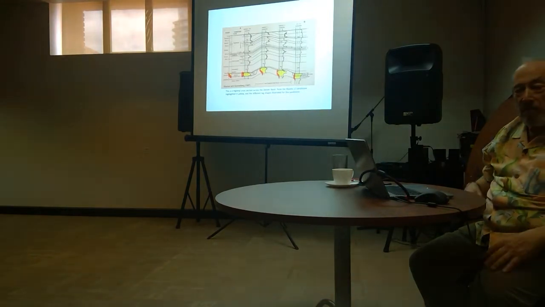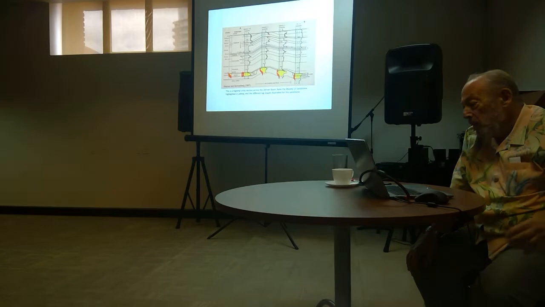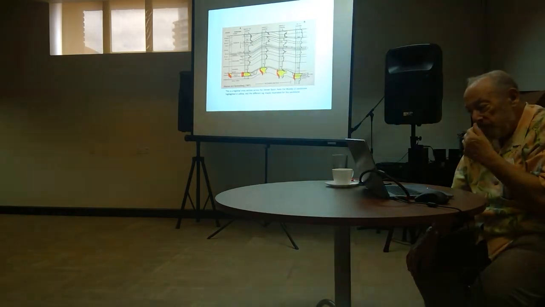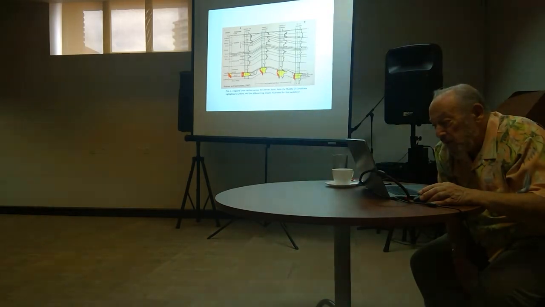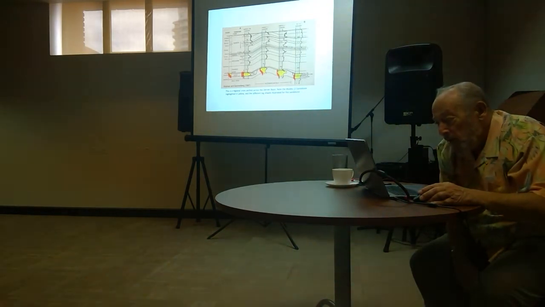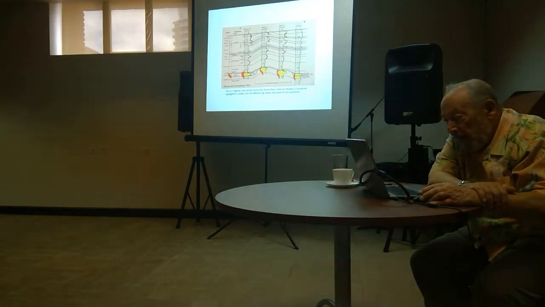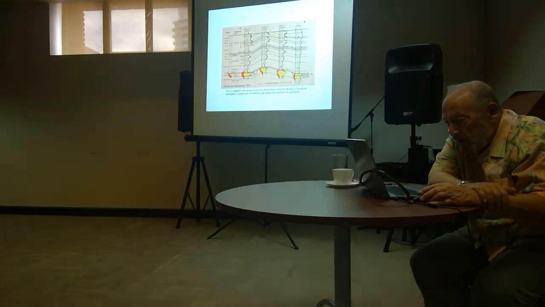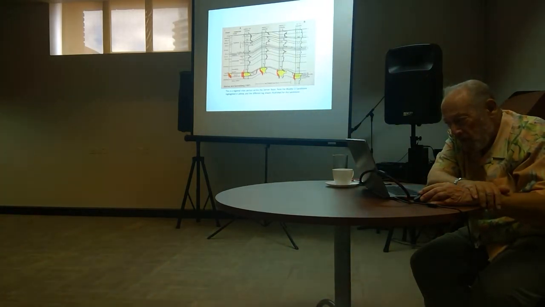So subtle but real differences in your log shapes. And how this is interpreted is where you have this blocky sort of pattern, that's going to be an incised valley fill. And the erosion surface upon which that fill sits might be something like this.